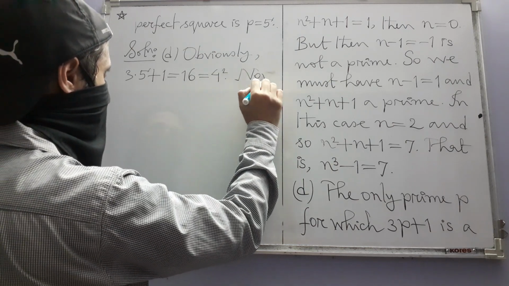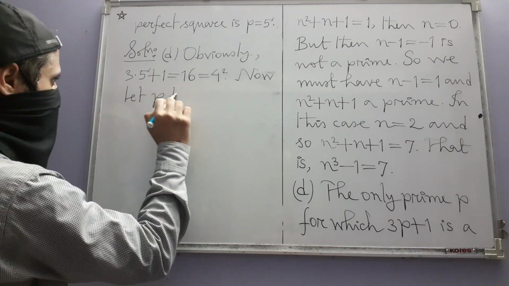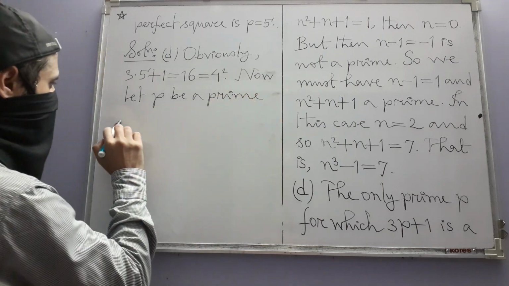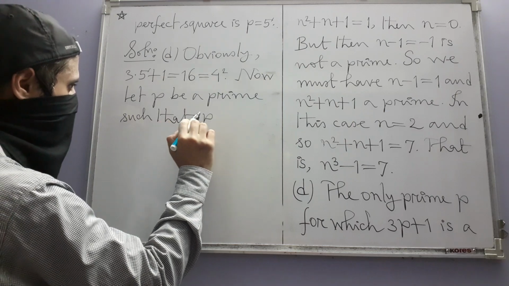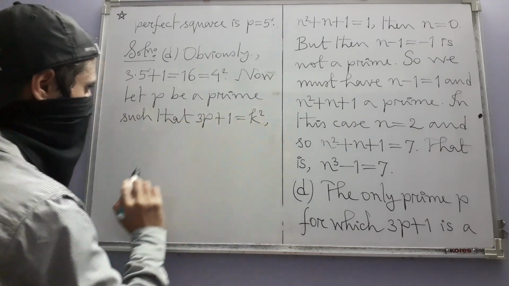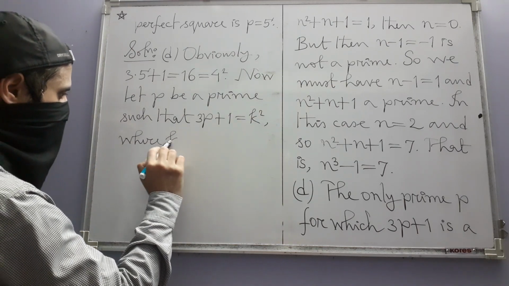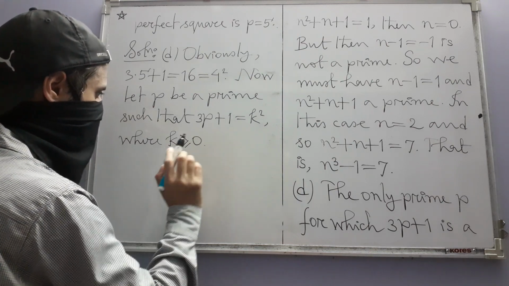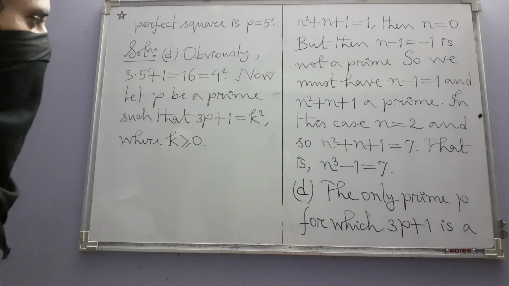Now let p be a prime such that 3p plus 1 is equal to k square, where k is, let's take in general a non-negative integer. You can take positive also.